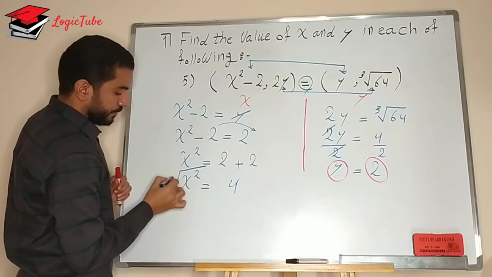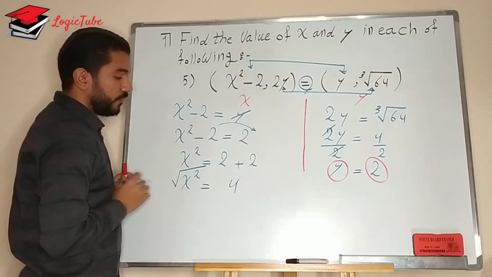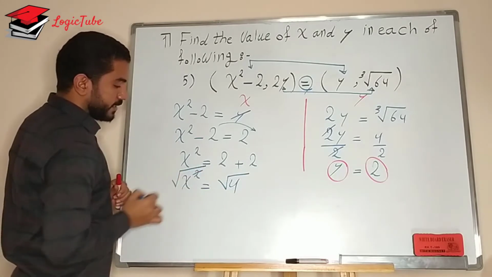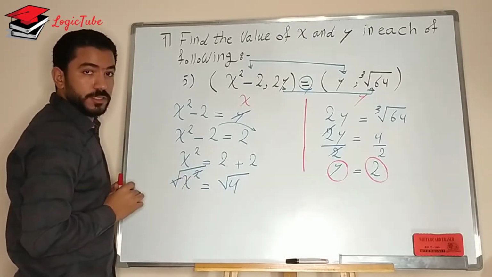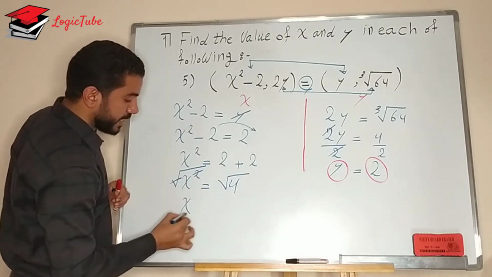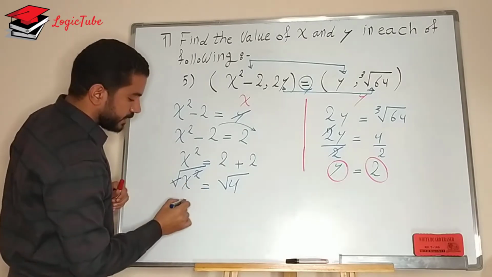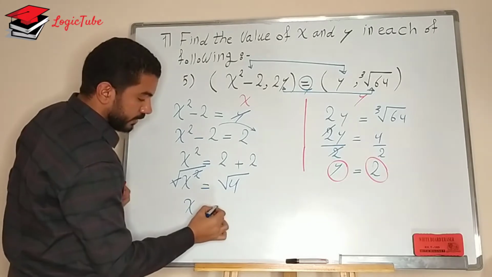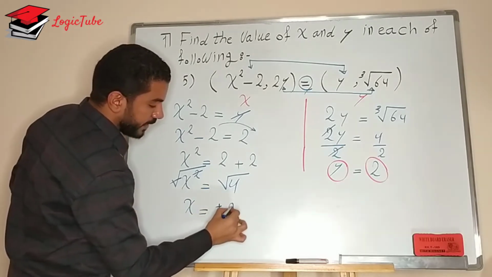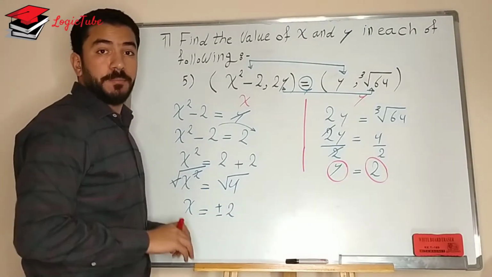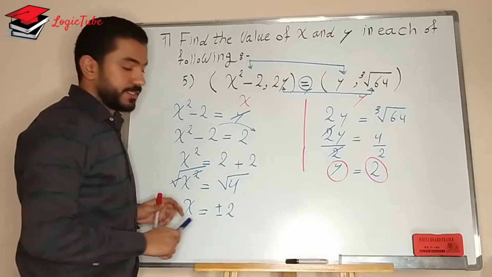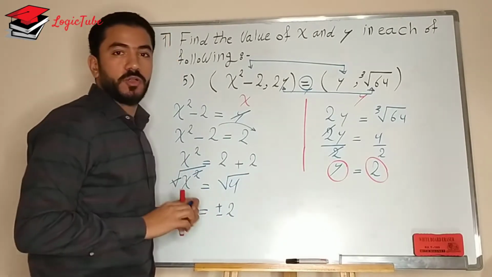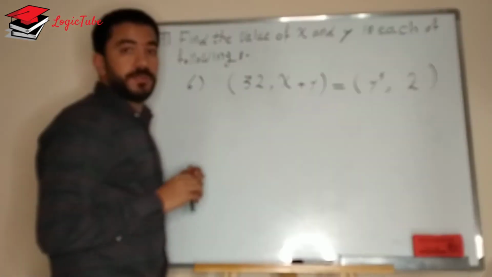I'll take the square root of both sides. So we cancel power 2 by the square root. The remainder is x equals the square root of 4, equals positive or negative 2. So in this example, we found the value of x equals positive or negative 2, but the value of y equals 2. Great.